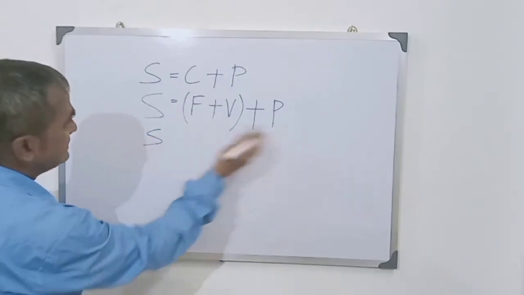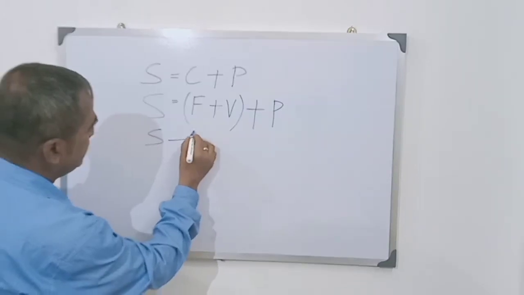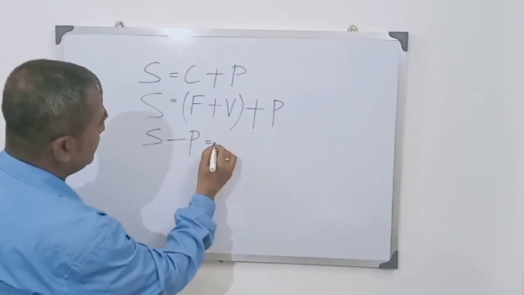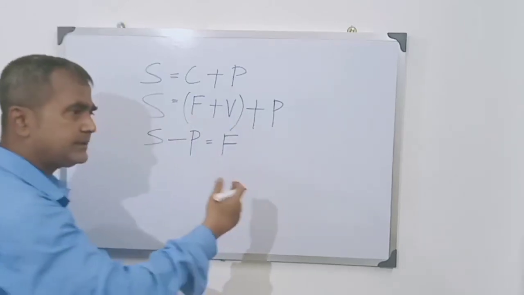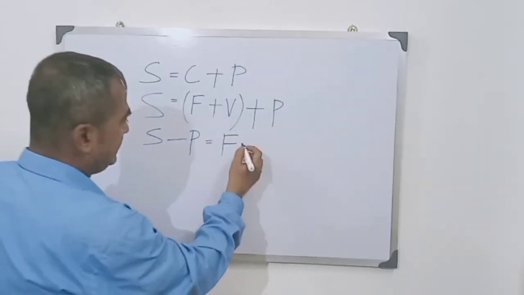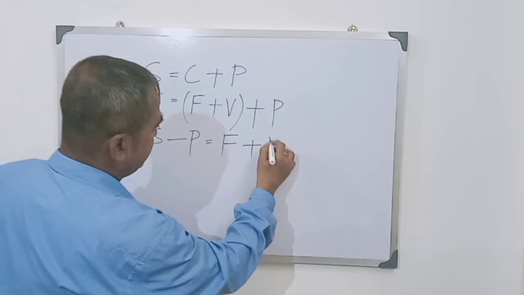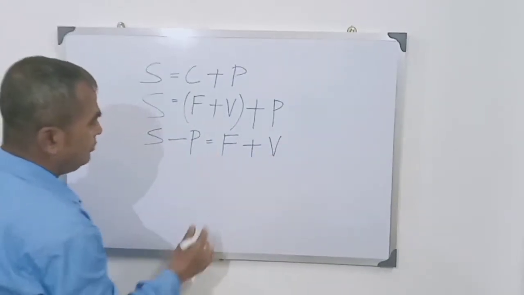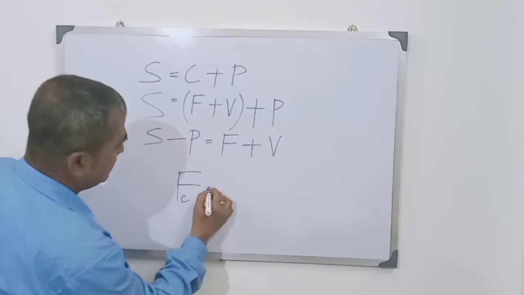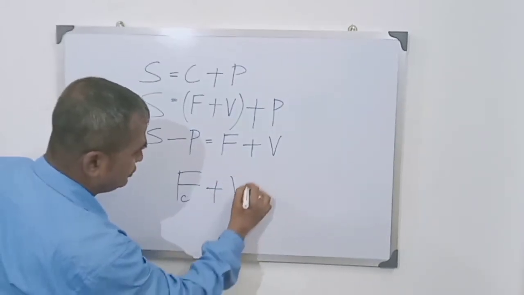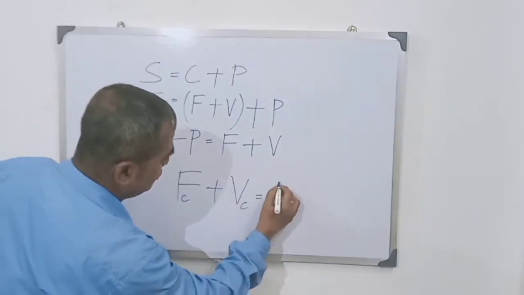So, sales minus profit is equal to our total cost of production, as well as up to the point of sale, fixed plus variable cost. Now, fixed cost plus variable cost is equal to total cost.